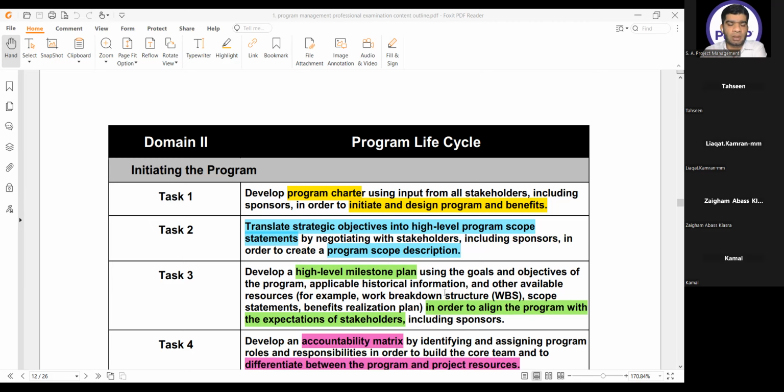And one important thing I want to mention here, why I am focusing on these words, because high level milestone plan, this high level program scope statement, all the key words or the key documents which are mentioned in exam content outline are not mentioned mostly in the standard or in the slides.